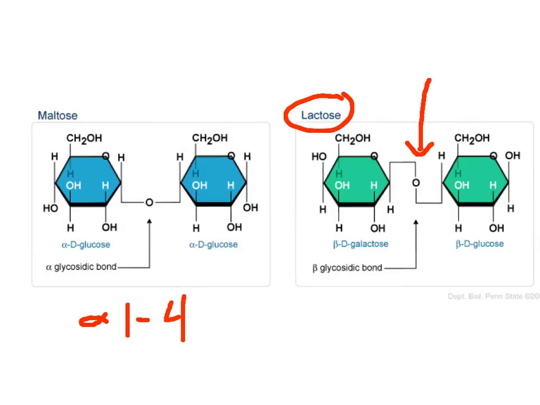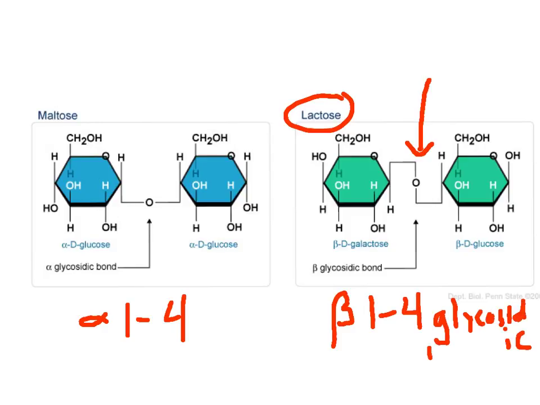It's a little hard to represent this on the screen with a diagram because this is a three-dimensional molecule. If you could build this bond, you would see that the bond angle is different. So this is referred to as a beta, the Greek letter beta, beta 1,4 glycosidic bond.